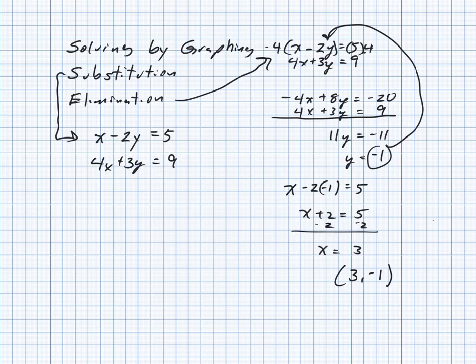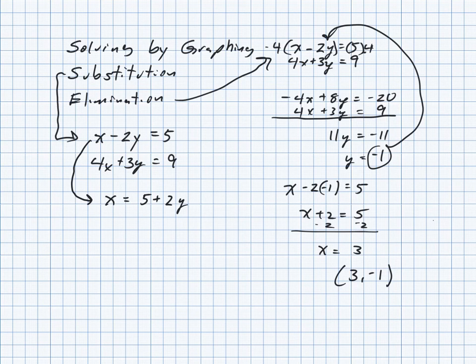What I'm going to do is take the first equation and solve it for x. This should give me x equals 5 plus 2y.